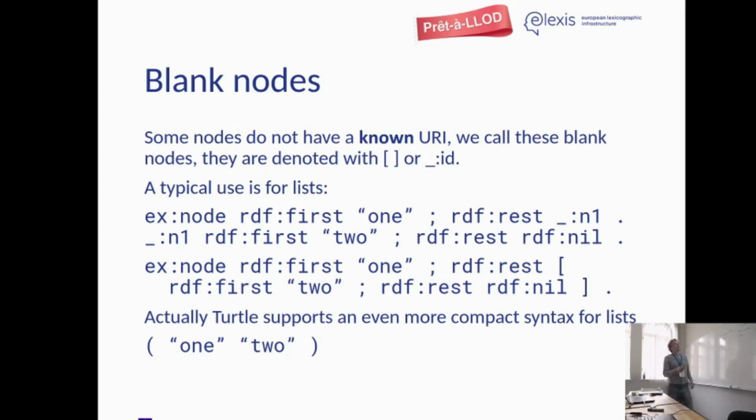This basically means that in some namespace we don't know, hence the underscore, a node called N1 exists, and this N1 represents the node in the RDF list. We can represent it with an underscore, but fortunately, we get an even nicer syntax, which is to represent it with square brackets.